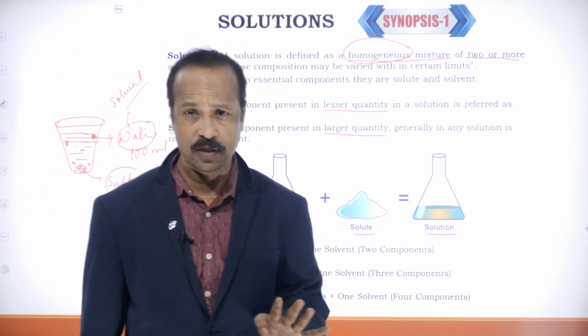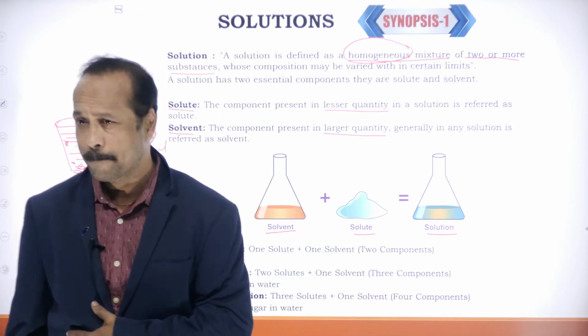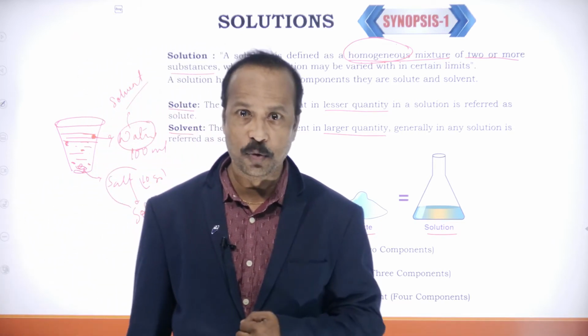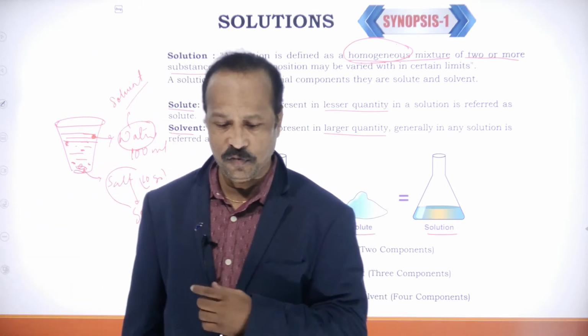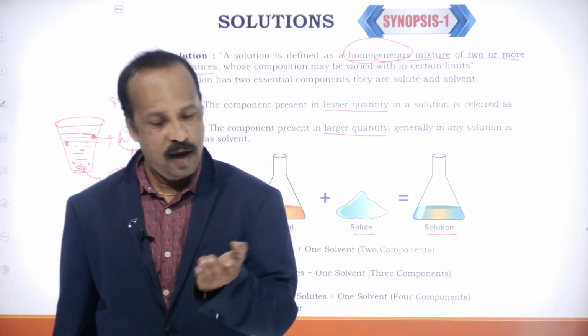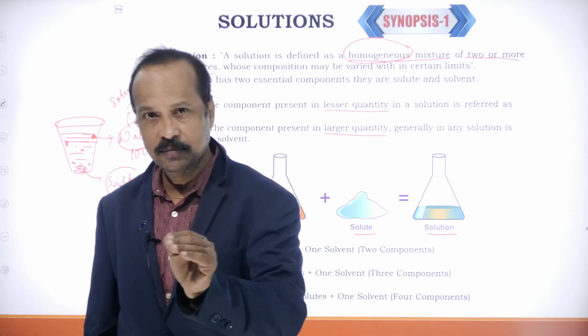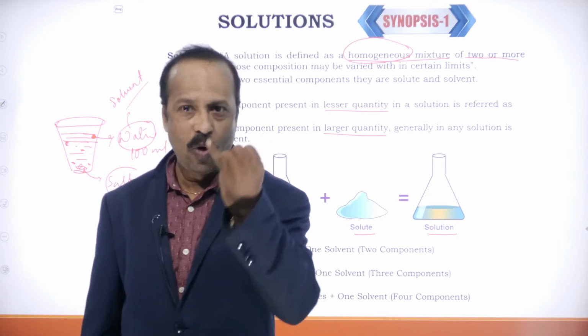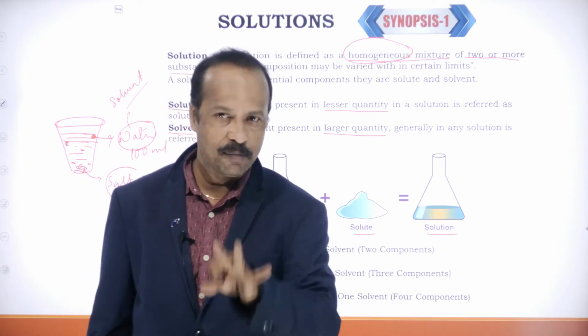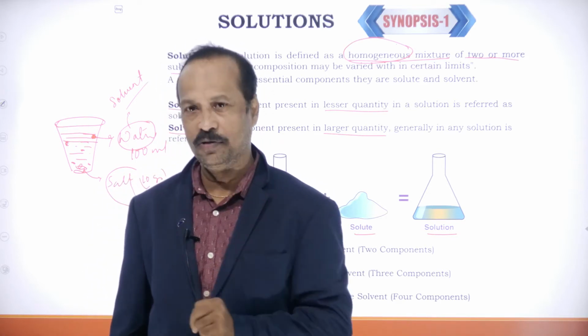Means 4 components. For example, if you want to prepare tea, do you know how to make tea? First they take the water, and add some tea powder, then they add the sugar, mix and boil. So total 3 components are there, right?